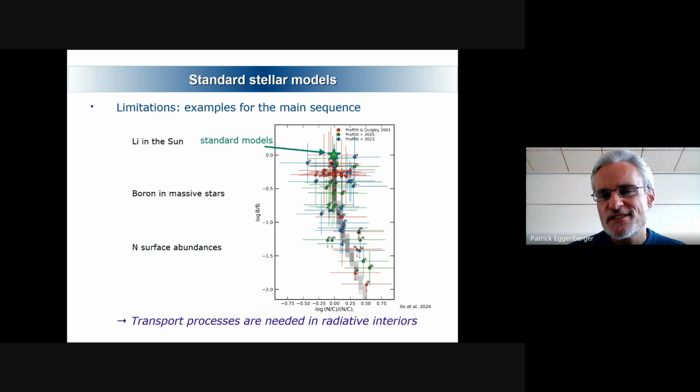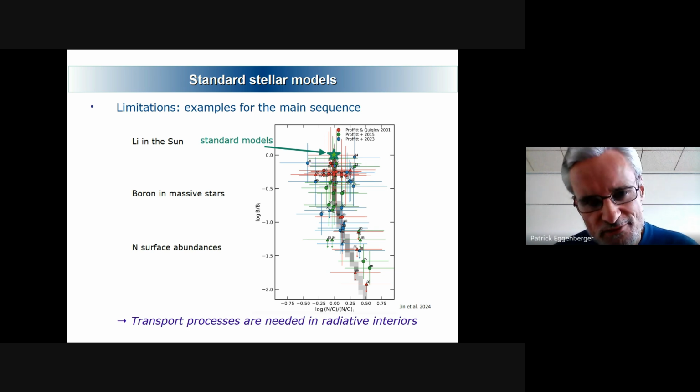So this means that we have to transport, in a sense, material from the central region of the star to the surface, which is not possible in a standard stellar model if we do not take into account some additional transport of chemicals in the radiative zone.